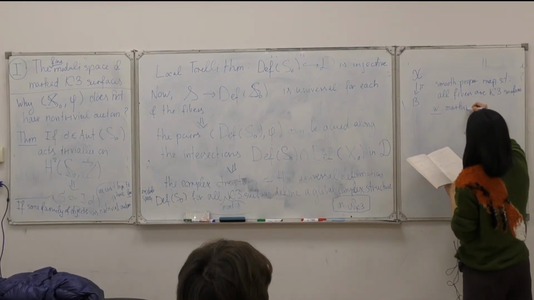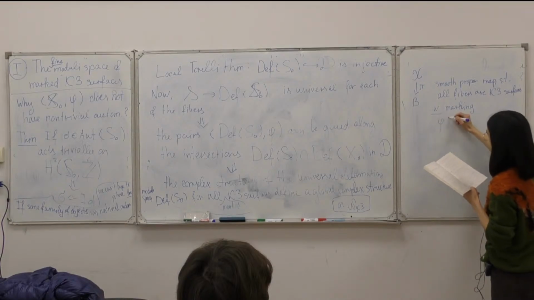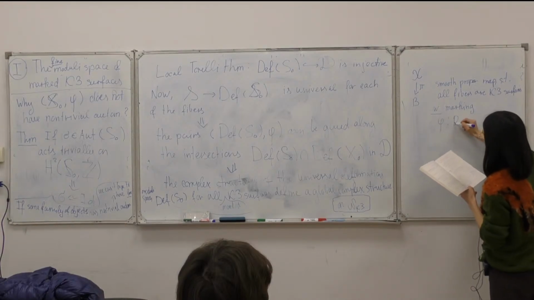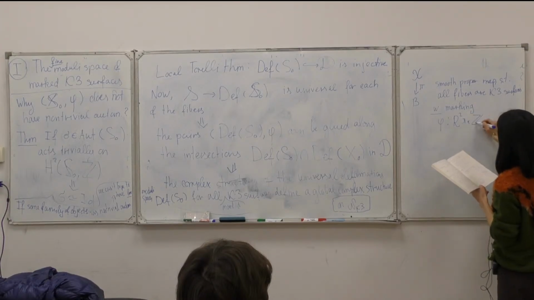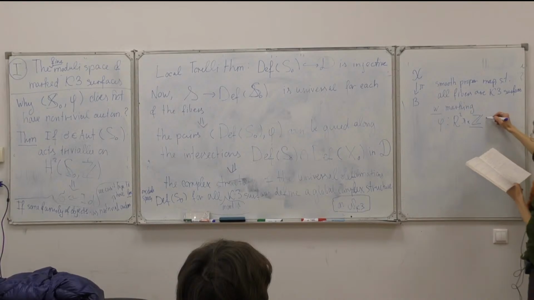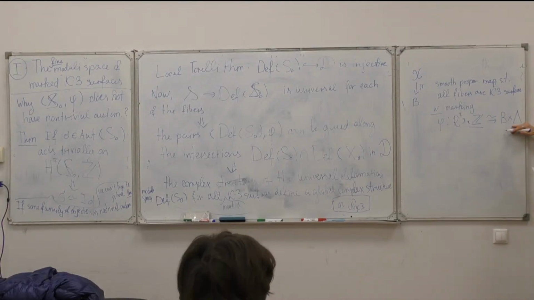And what is a marking of a family? It is an isomorphism of the corresponding local system R2 with the trivial local system with fiber our favorite lattice.